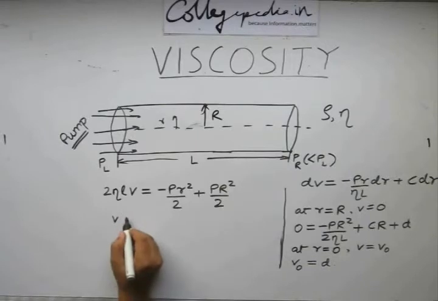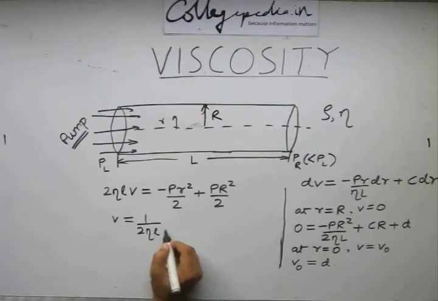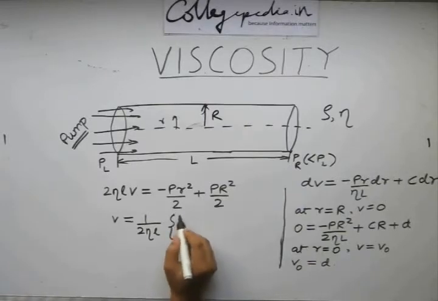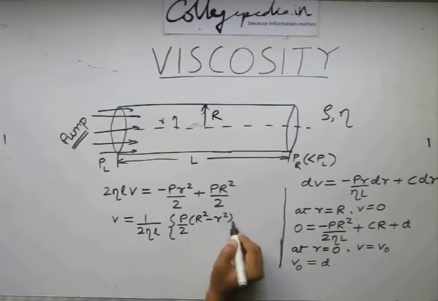So the velocity profile that we get is 1 by 2 eta L times P by 2 times capital R square minus small r square.